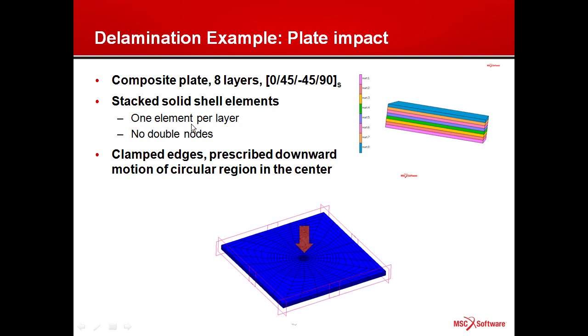No double nodes; in other words, this is a single meshed body. Everything is congruent, nothing is pre-planted, and we're going to push down in the middle at a circular spot. And we're going to use the delamination criteria specifying a stress criterion. On the next slide, I'm going to show you an animation of a quarter of the model. We're going to use quarter symmetry and show you only a quarter of the model.